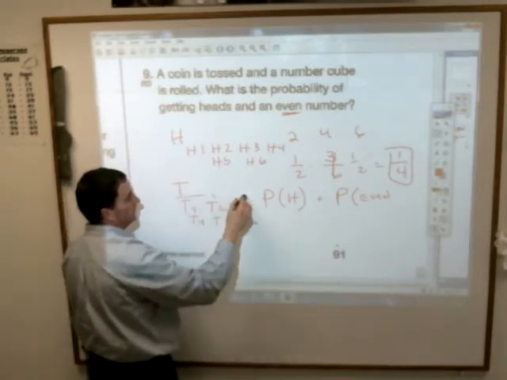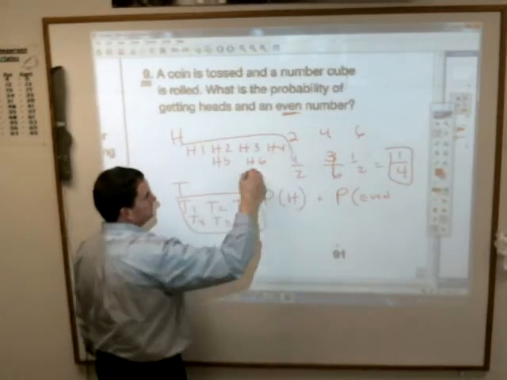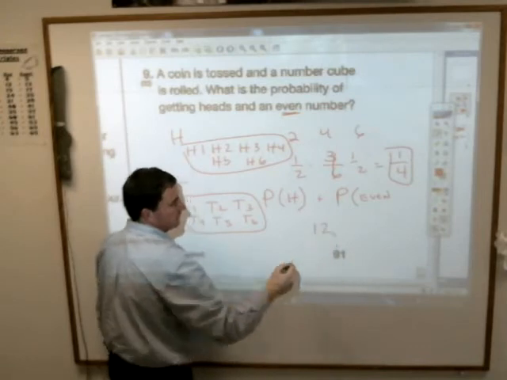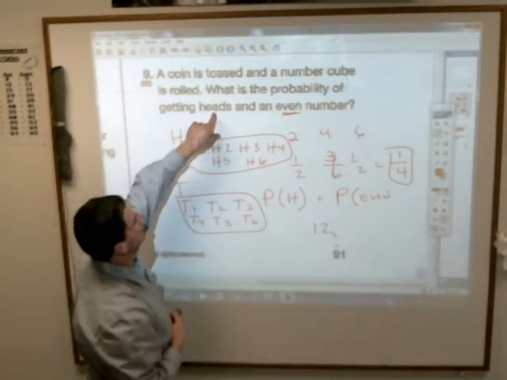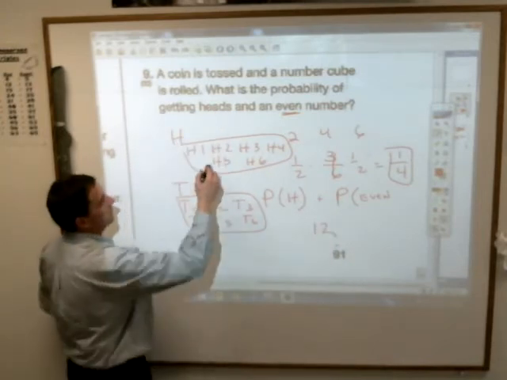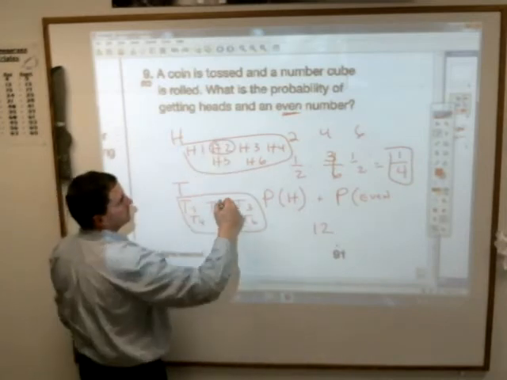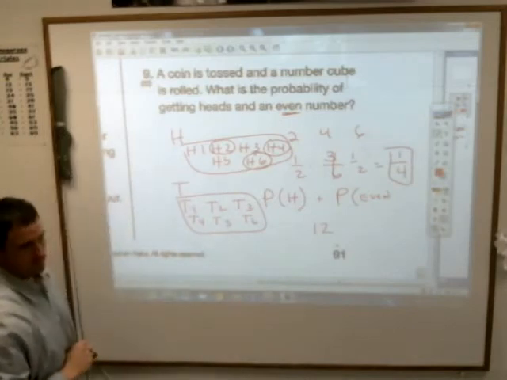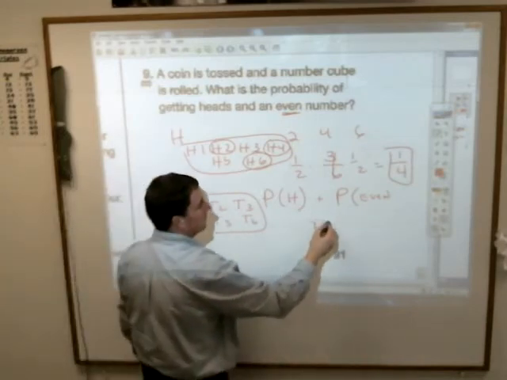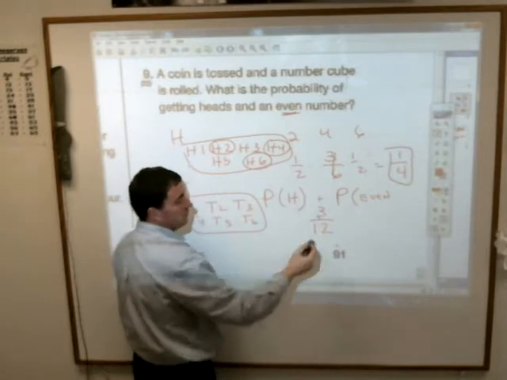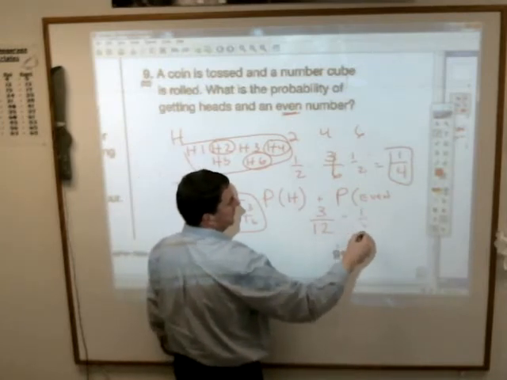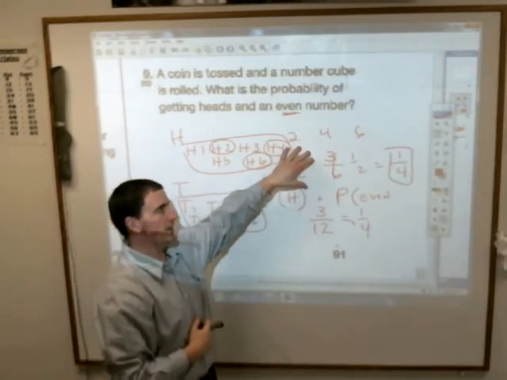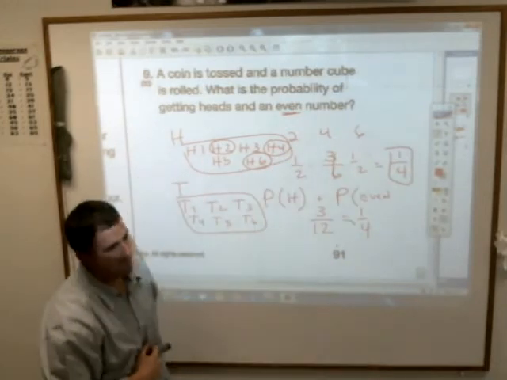How many different combinations do I have here? 6 there and 6 there, that's 12. How many of them would be a head with an even number? Here's one, there's one, there's one. That's your only possible choices. So there's only 3 out of a possible 12, which gives you 1/4. But again, it's much easier if you just take the probability of flipping a head, which is 1/2, times the 1/2 for the other one. Okay, listen.